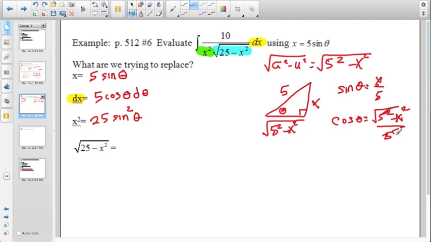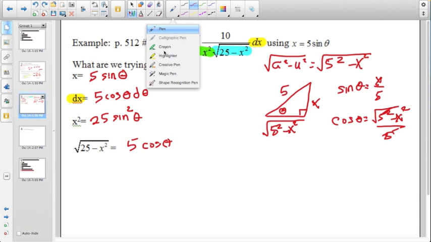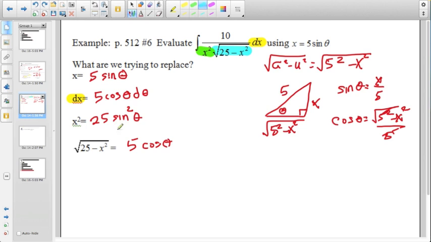And so for the radical then, solving this for the radical, we have 5 times cosine of theta. That is the expression that we're going to use to substitute out for the radical.